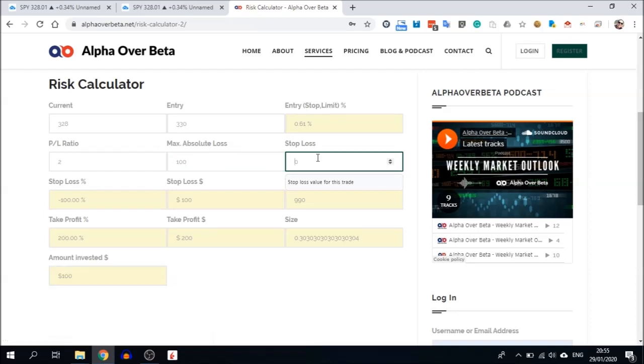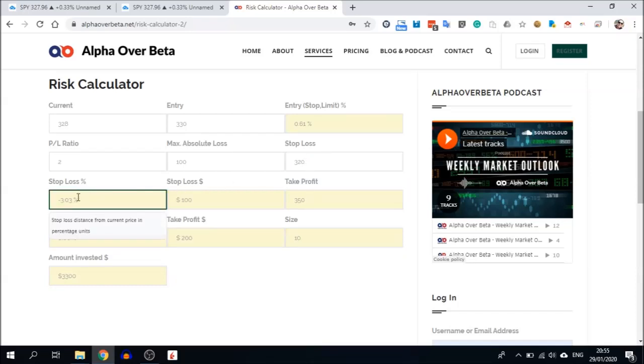And the next very important element of the calculation would be, where do we place the stop loss? So as you saw, we are going to place the stop loss at exactly 320. Okay. So the stop loss distance from the current price is about 3%.